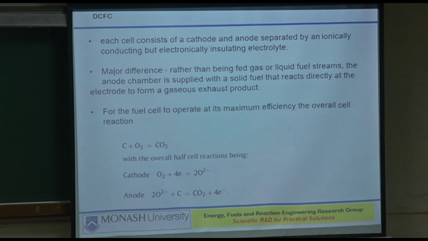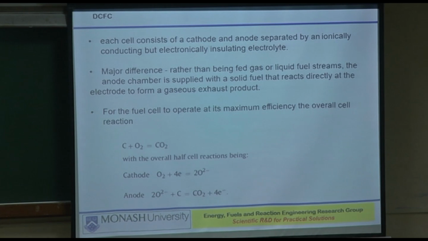So the solid fuel has to go to the anode, and you are somehow supplying the solid fuel to come in contact with the anode surface. Otherwise the anode surface will still be the same. Or in fact, the carbon itself can be the anode if you have prepared it accordingly.